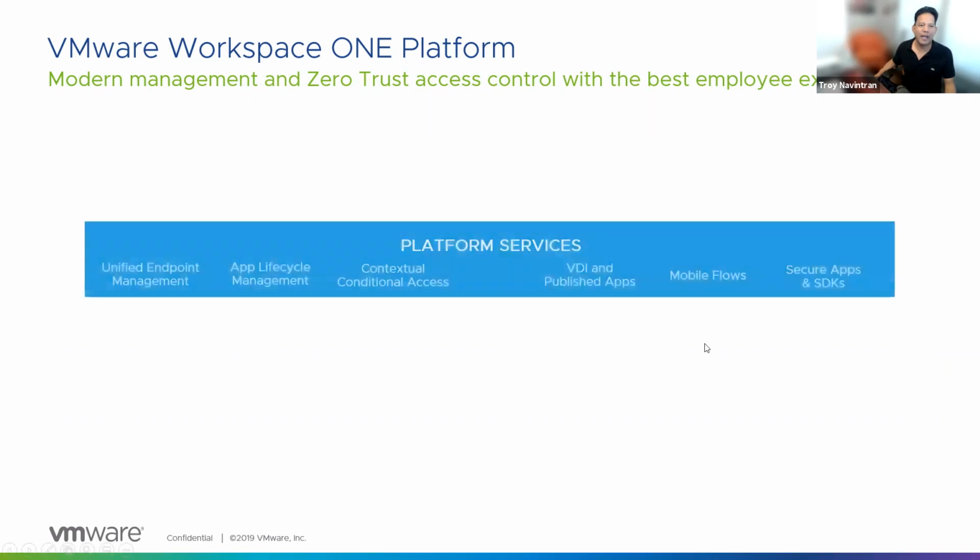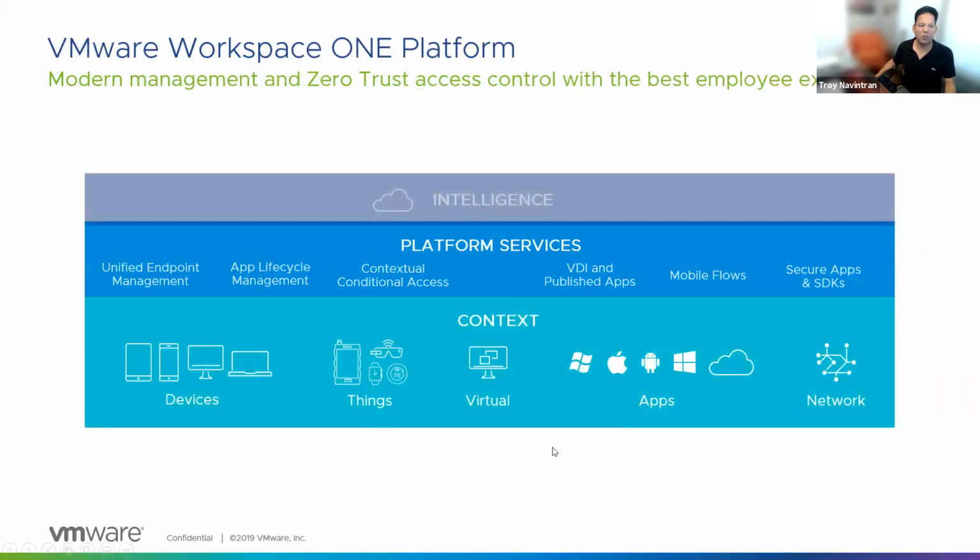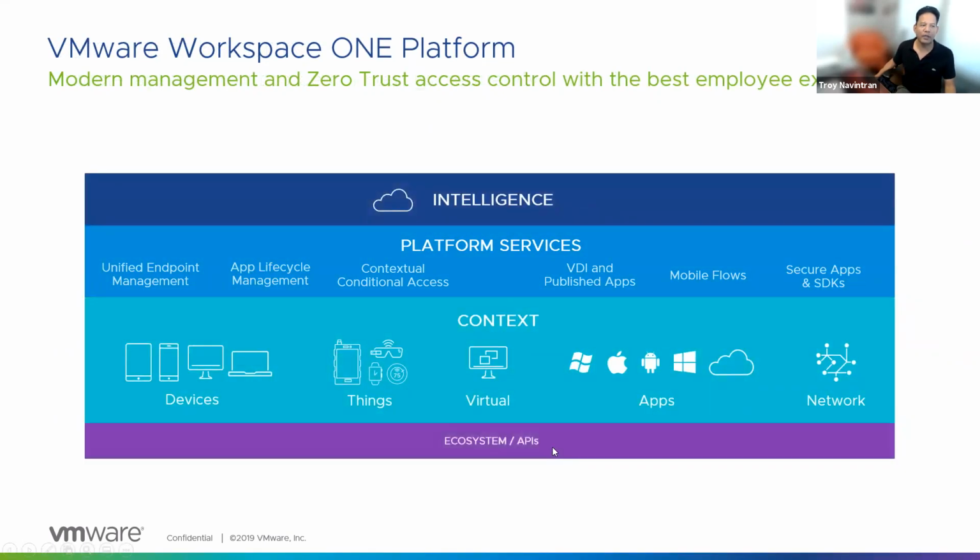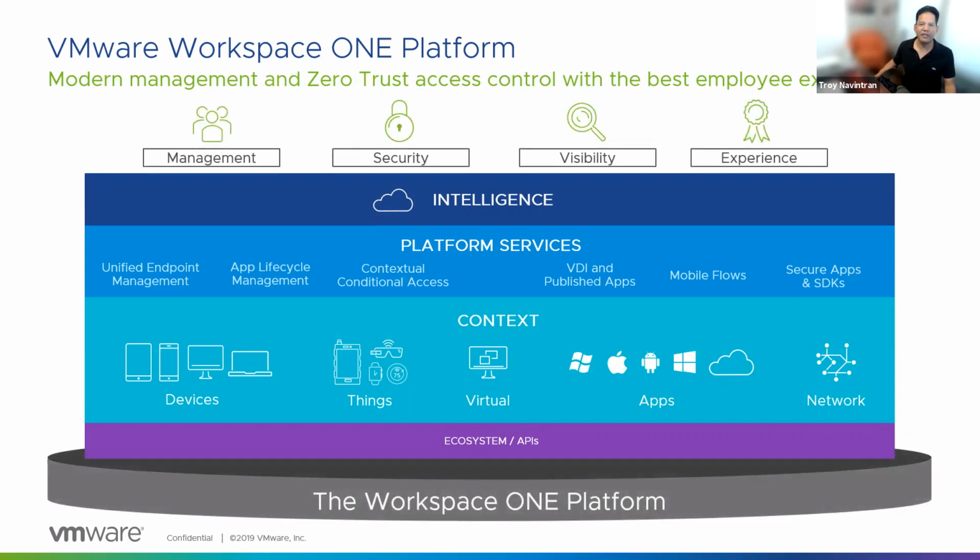So here is a high-level overview of the Workspace ONE platform and how we incorporate Zero Trust across endpoints, IoT, VDI, apps, and networks. We believe that VMware is uniquely positioned to help you on your Zero Trust journey.